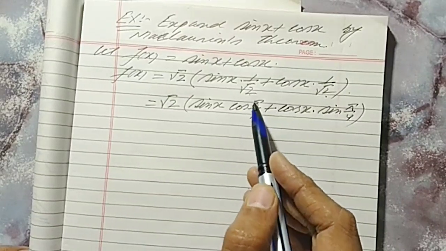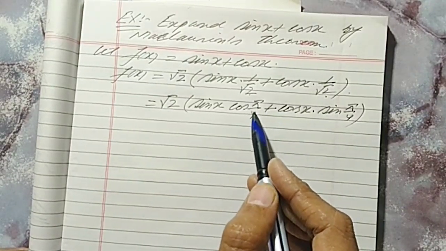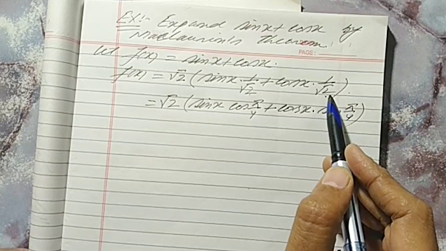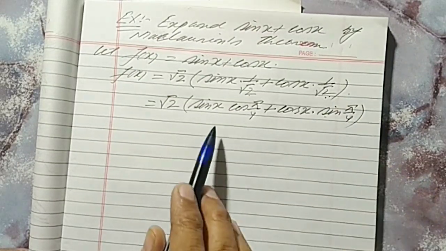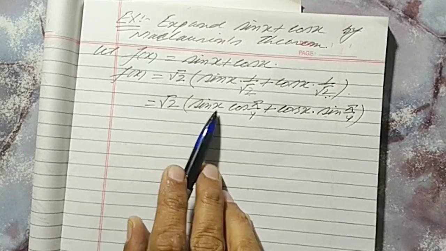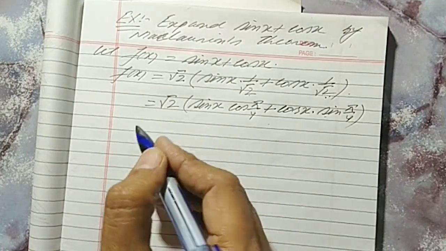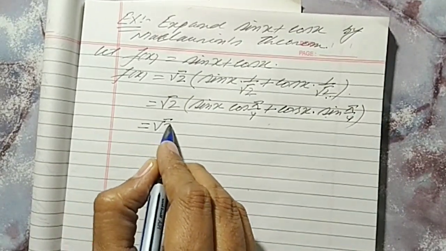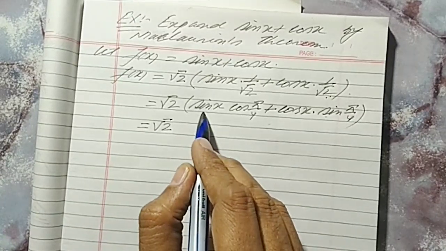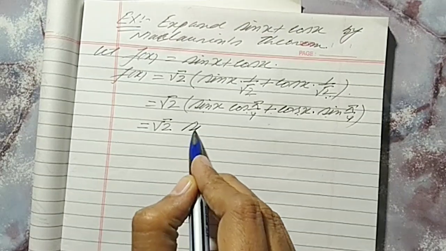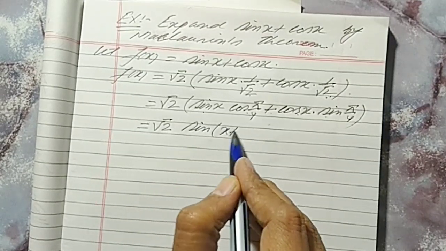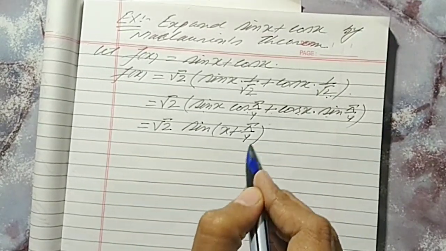Here we have written cos pi by 4, which is equal to 1 upon root 2, and here we have written sin pi by 4 in order to make the formula sin A cos B plus cos A sin B format. So in this way we may apply sin A cos B plus cos A sin B, which is equal to sin A plus B. So we have sin x plus pi by 4.